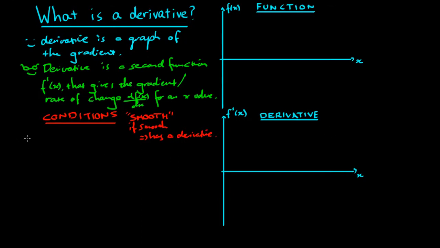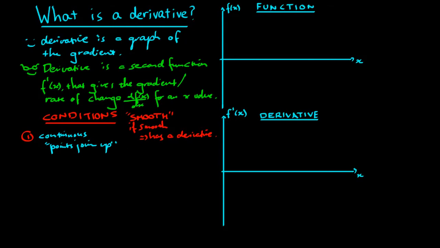So the more formal conditions are one, that it's continuous, so every point on the graph joins up to the point next to it. Points join up. So you can't have a graph that goes like this. It won't have a derivative at these points, but it will in between.